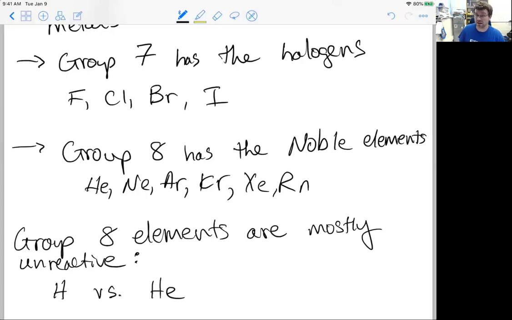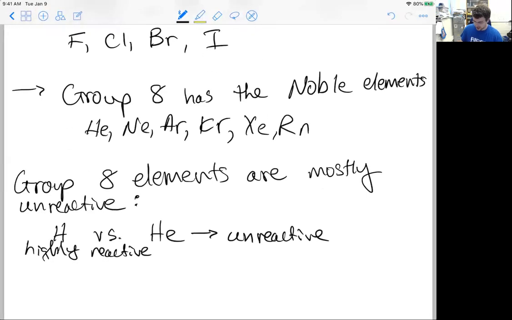Replacing that with helium, we have a noble element, an element that actually maintains its character and is not likely to react. So hydrogen versus helium, we have something that is unreactive, whereas hydrogen is itself highly reactive, whether it's by itself or tied up as H2. Okay, so when I say noble, I mean unreactive.